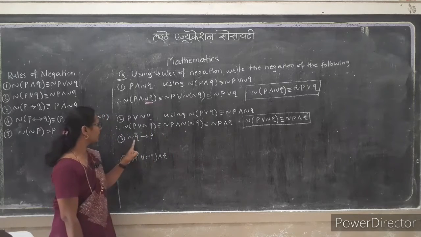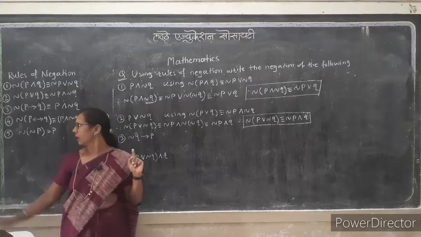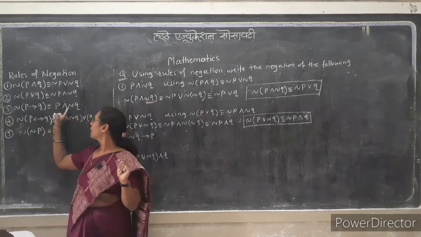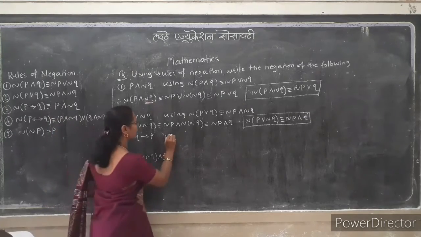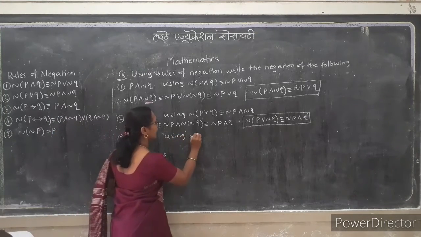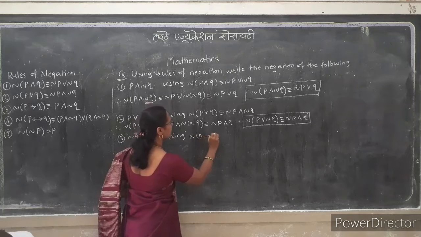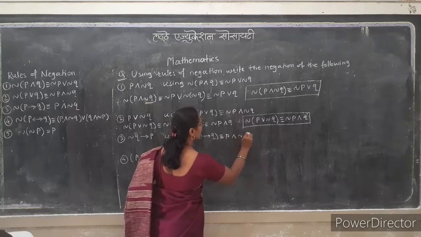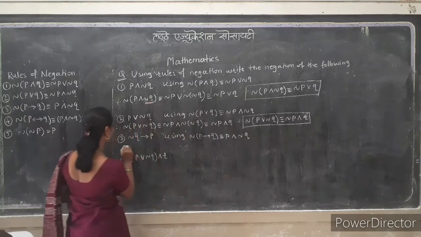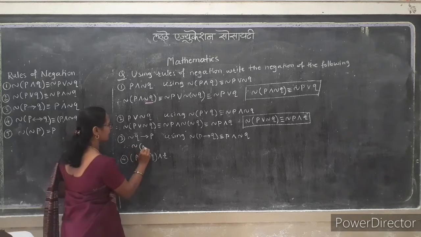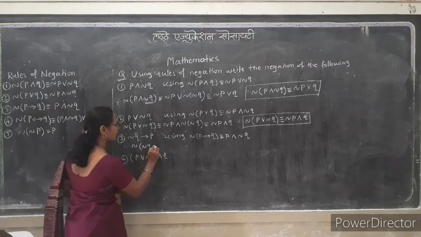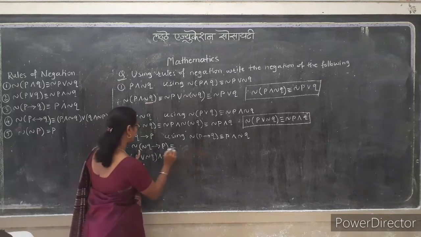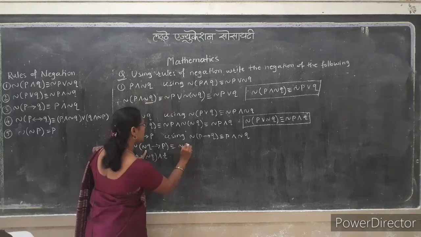Next, third: ¬Q → P. Here the negation of P → Q is logically equivalent to P ∧ ¬Q. Therefore we write here, using that, the negation of P → Q is logically equivalent to P and ¬Q. Therefore the negation of the given statement, that is ¬(¬Q → P), is logically equivalent to P and ¬Q.